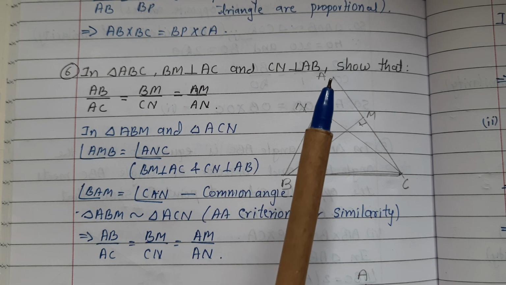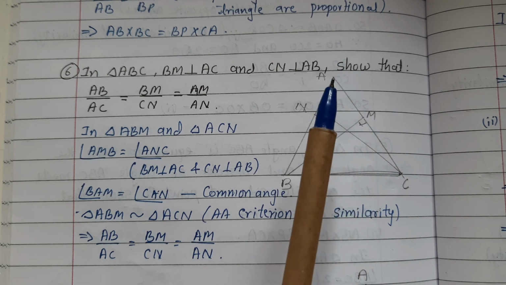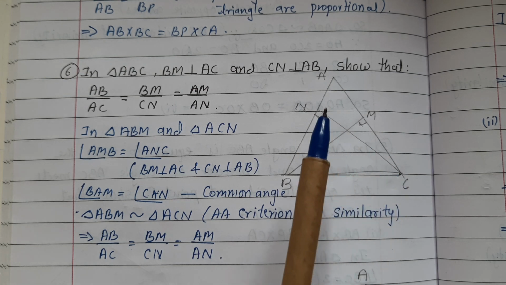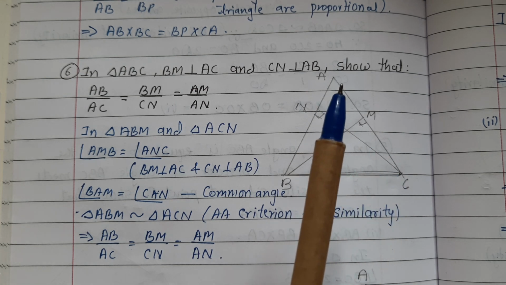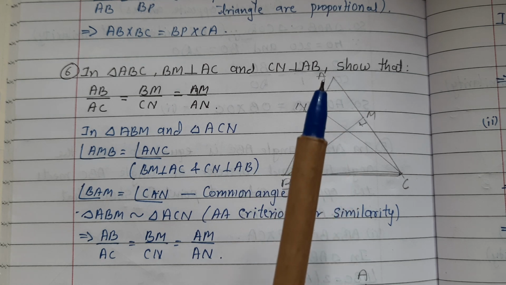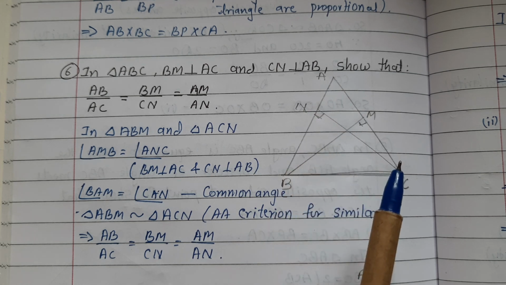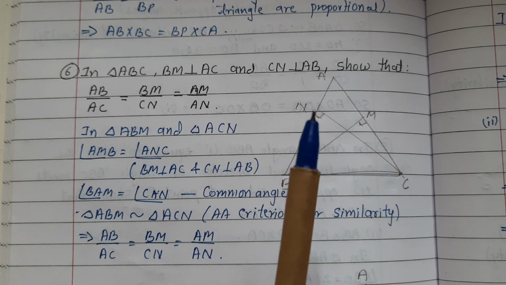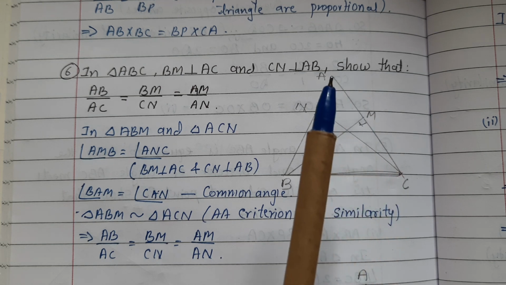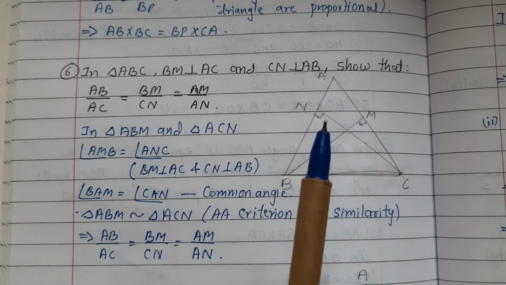In triangle ABM and ACN, angle AMB is equal to angle ANC, both 90 degrees. Angle BAM is equal to angle CAN, common angle.